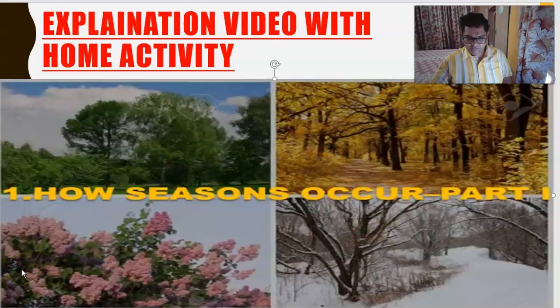India is a land of diversity, and this diversity can also be seen in its seasons. Season is a traditional division of the year based on unique weather conditions. So students, let's learn about the reasons behind the formation of seasons from the first lesson, How Seasons Occur, Part 1.